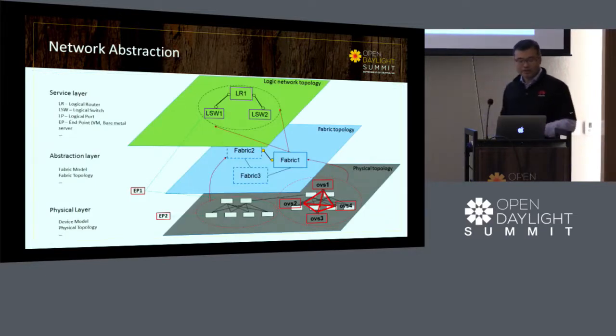So the idea is very straightforward, as Guoli mentioned before. Instead of dealing with the physical network, which is composed of a bunch of different vendors' devices and different technologies, we add an abstraction layer just on top of the physical network. The fabric concept is not a new terminology.